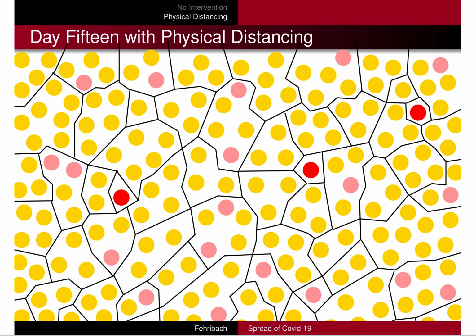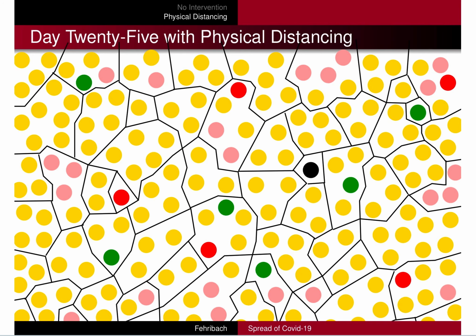But the upshot of that kind of physical distancing is that we still, and notice I've gone back down to February 25th, this is 10 days later, we still have somebody who's died, somebody who got sick and who died. And again, it's the very first person who was positive, infected with COVID-19.